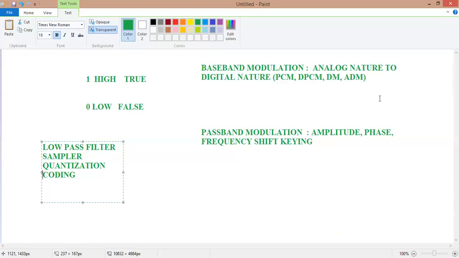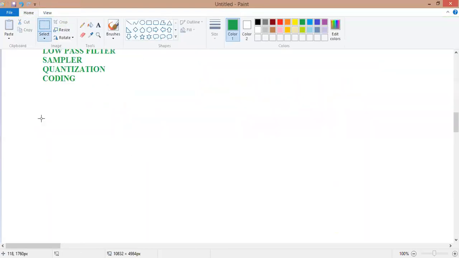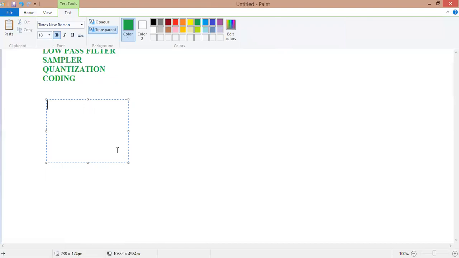But the next important thing I want to tell you is what the different blocks are in our digital communication. If I want to draw any digital system, first I need to think about the most important block, that is the information source.